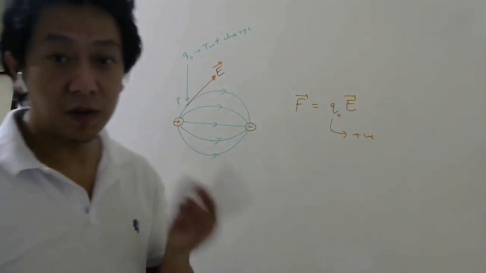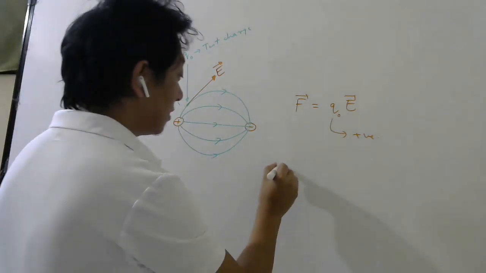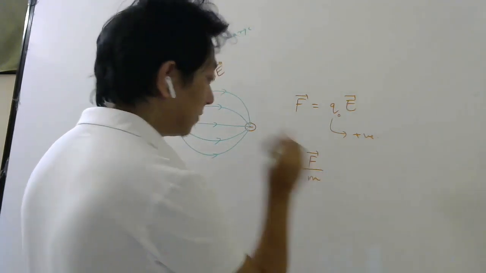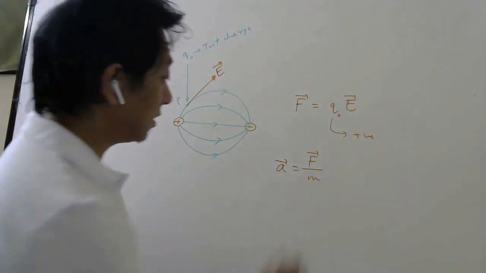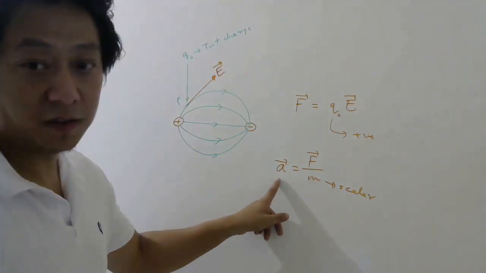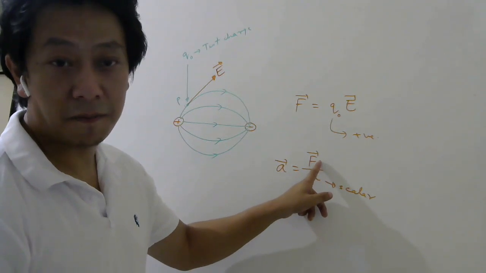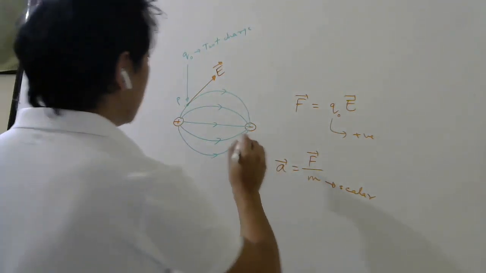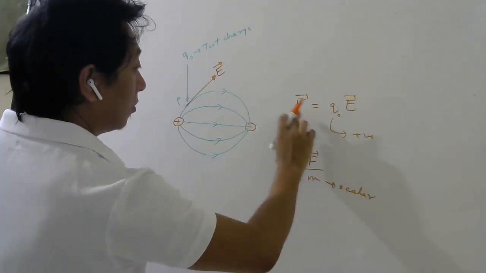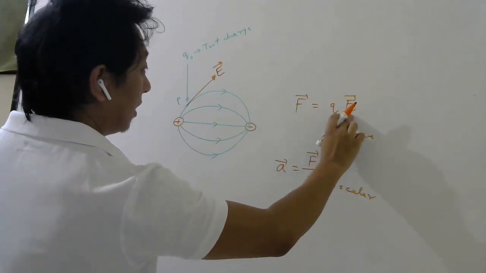Now, they have not given force also in the options. They have given you velocity and acceleration. Acceleration is what, from Newton's second law? Force by mass. Since mass is just a scalar, it means direction of acceleration will be same as force. Understood? So, if I take positive test charge, force will be in the direction of electric field.